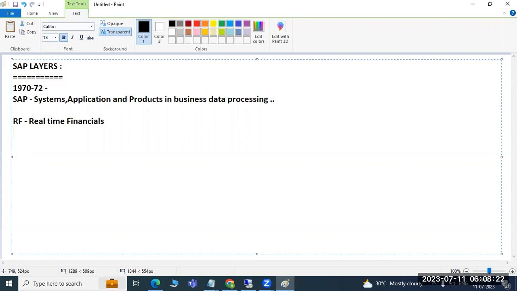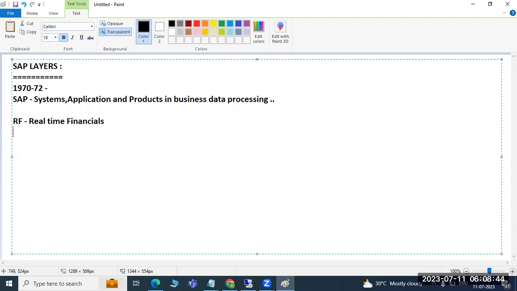That is what they named it in 1972. Since that time, SAP has released many versions with better functionalities than the previous one.